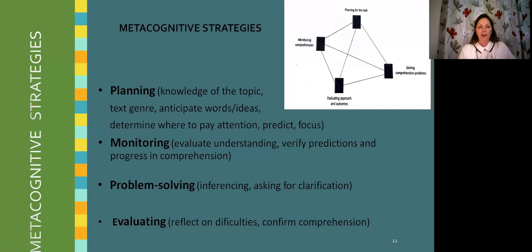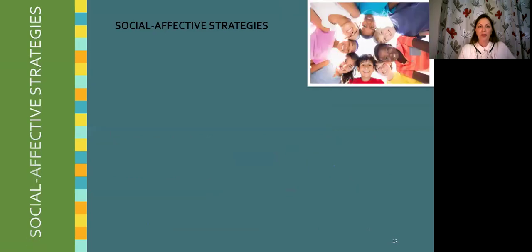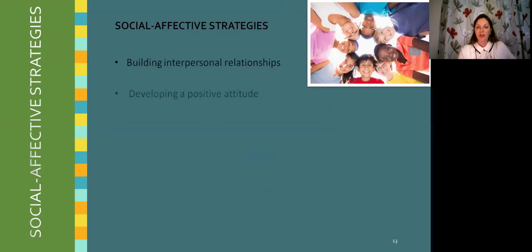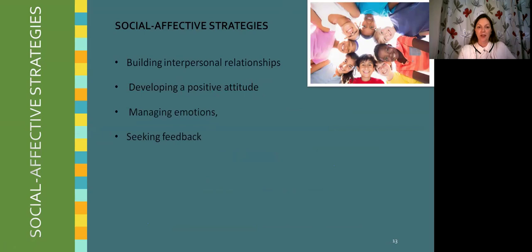Okay, and we come to the third group. They are social affective strategies. That's building interpersonal relationships, developing a positive attitude, managing our emotions, and seeking feedback. For example, successful listeners don't use only one strategy.